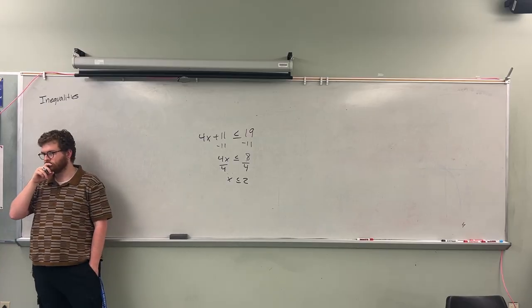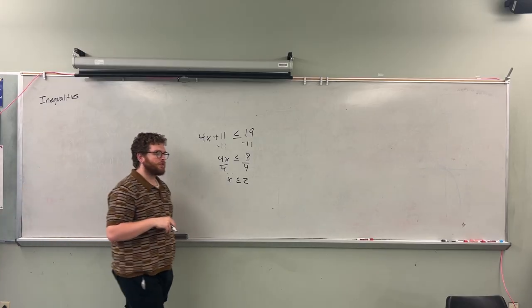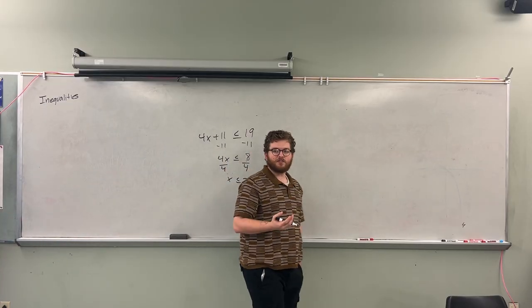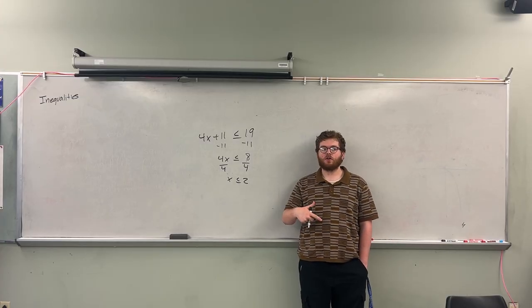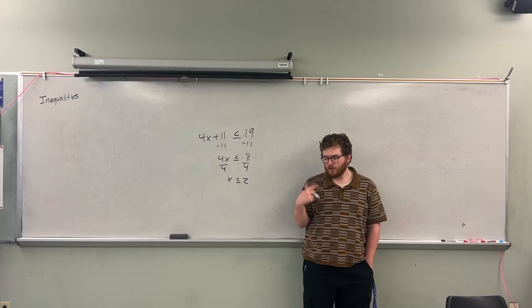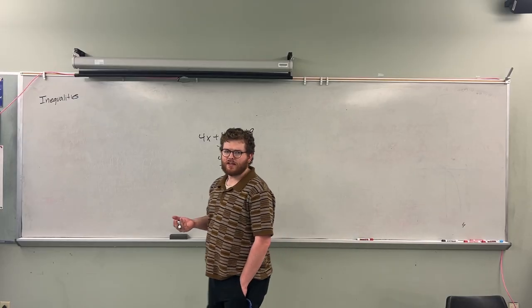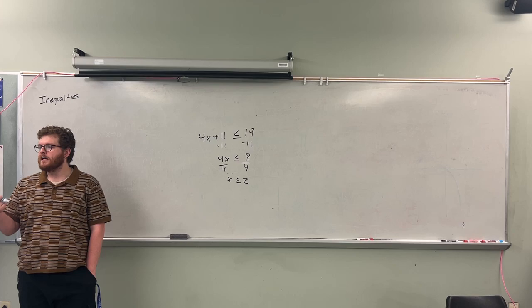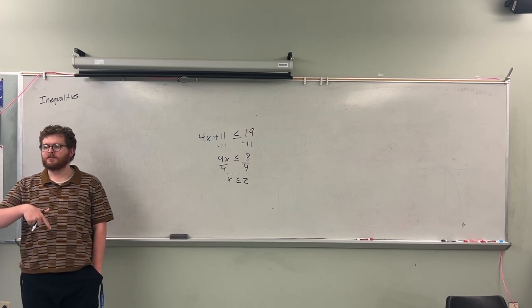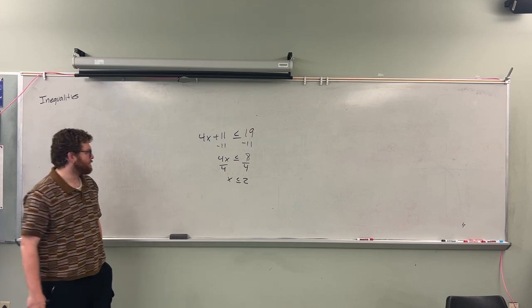to 2. Remember when we've talked about intervals and such before, we've written them in interval notation and also on the number line. Whenever you're doing inequalities like this, I always recommend draw it on the number line first and then do your interval notation, because it'll make it a lot easier.